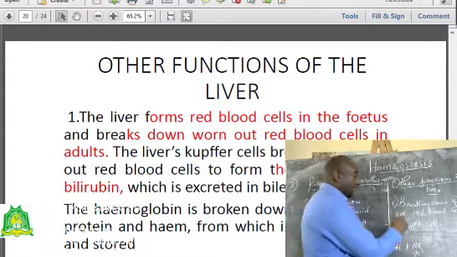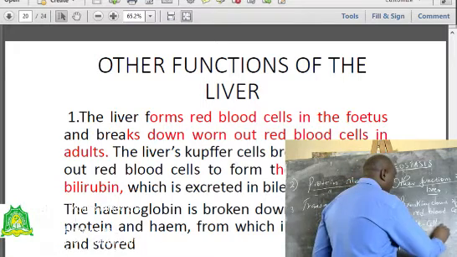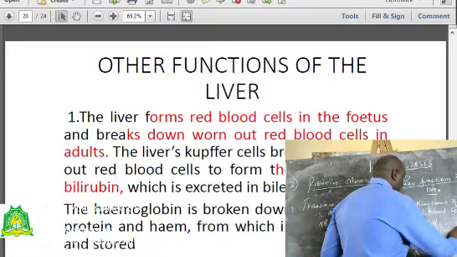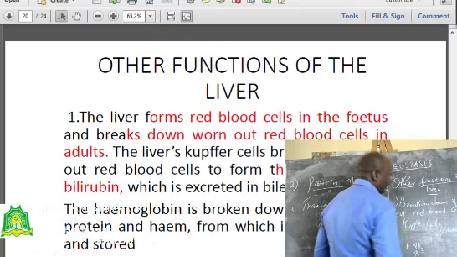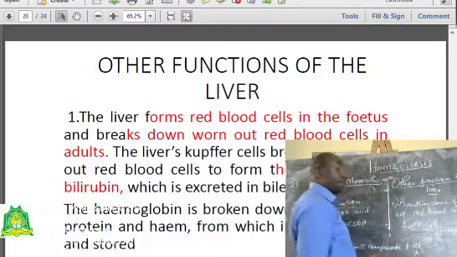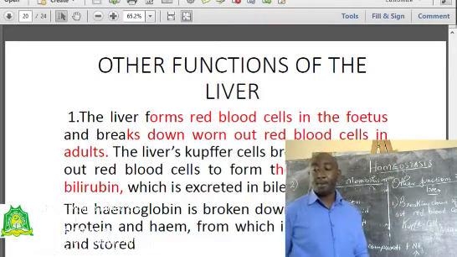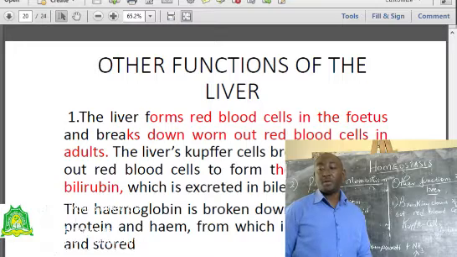And the product that we get here is what we call bilirubin. This bilirubin is a major product in formation of bile, which is also one of the functions of the liver.